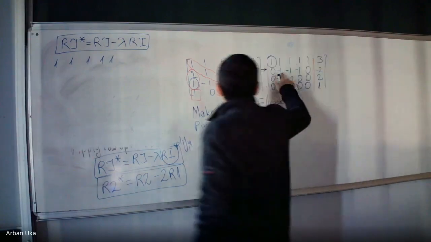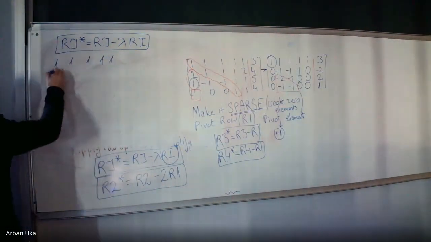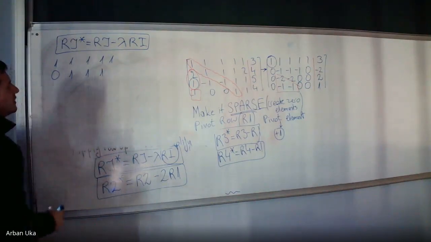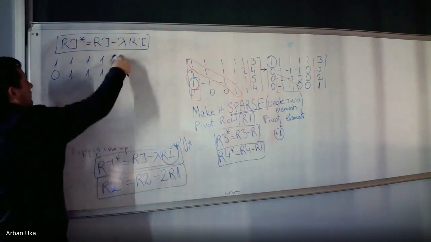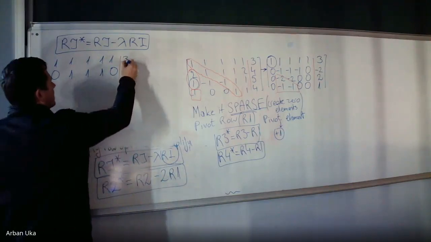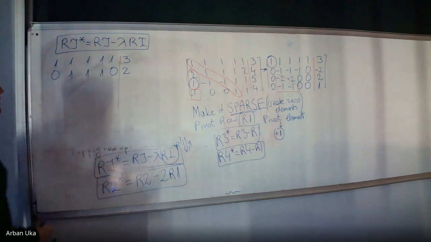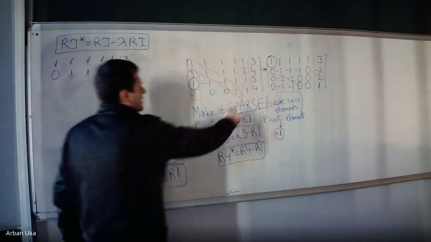So in order to do it, we multiply the second row by minus 1, and we get here 0. I guess this is 1, 1, 1, 0. And this is 3, and this becomes 2. Okay, then the third row, it still remains as it is.